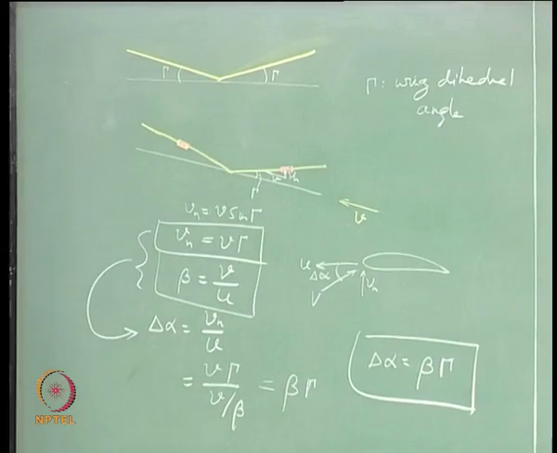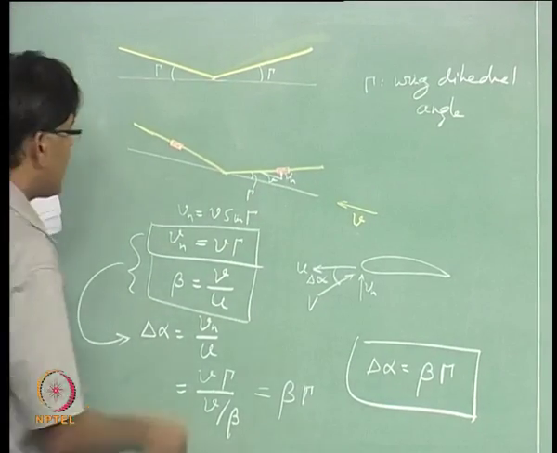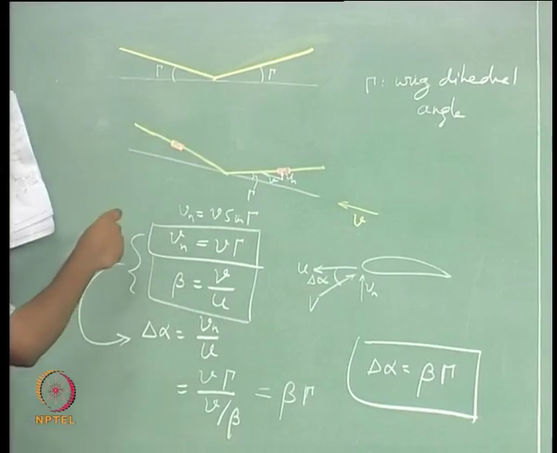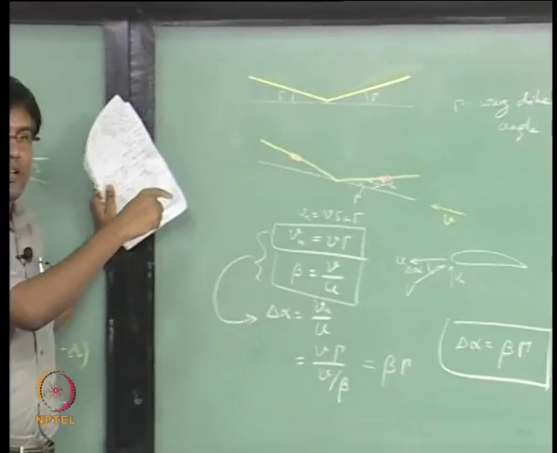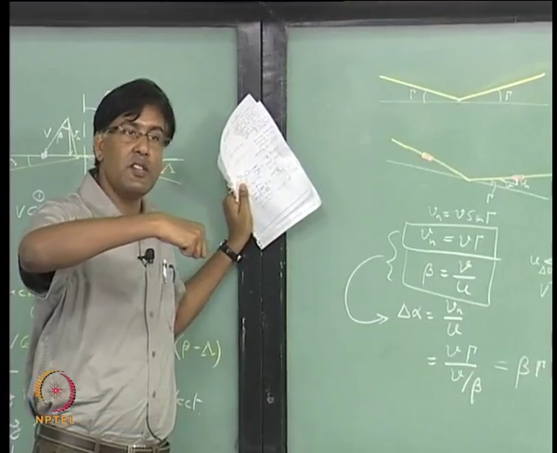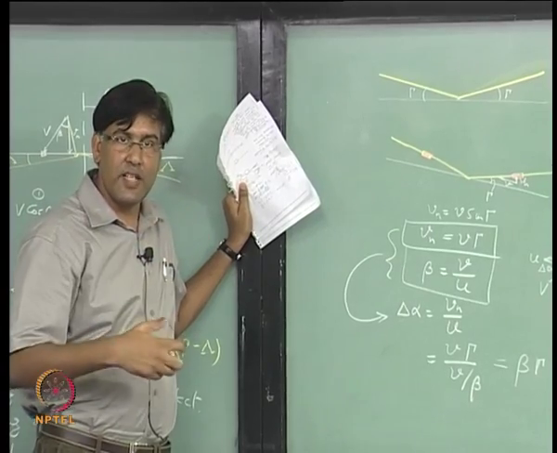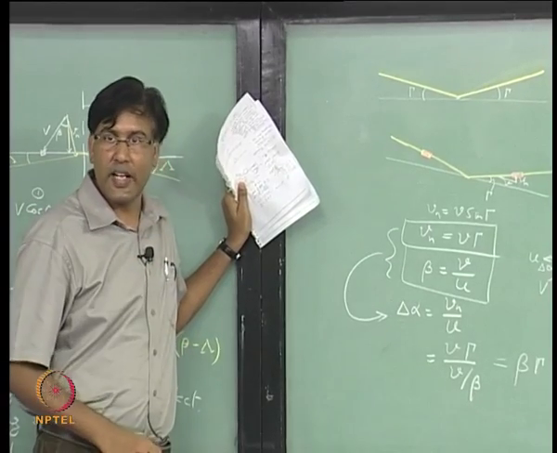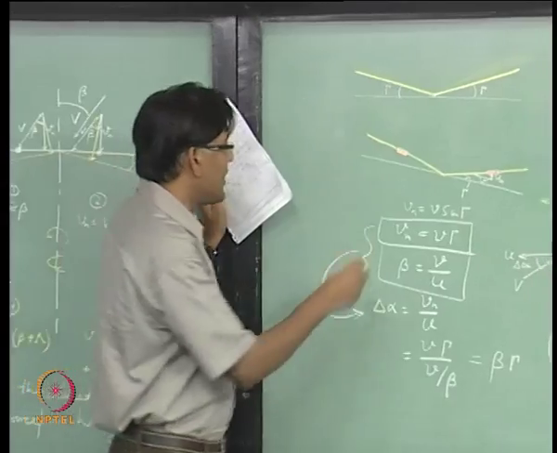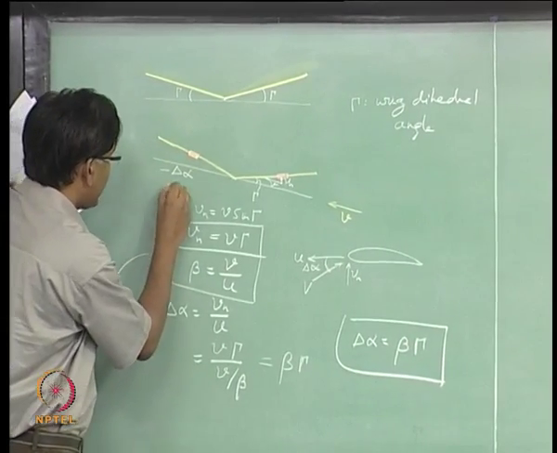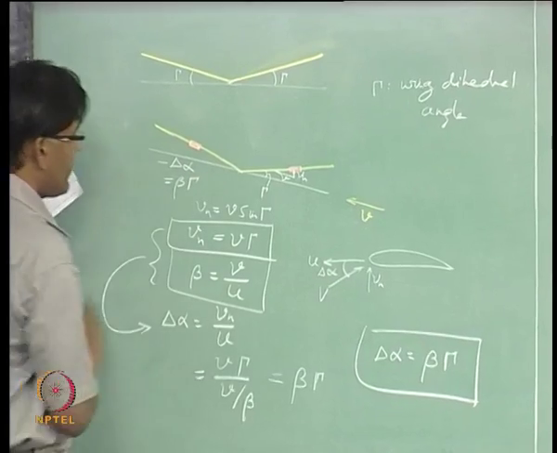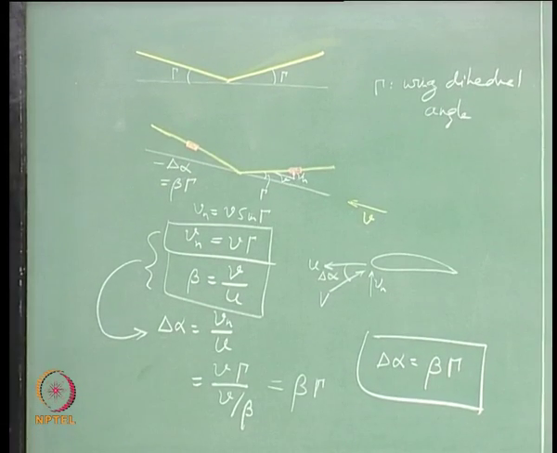Now, for the same reason, the wind that you see on this section, because of side slip, is going to introduce a change in angle of attack which is negative. So, minus delta alpha here, which is again this.